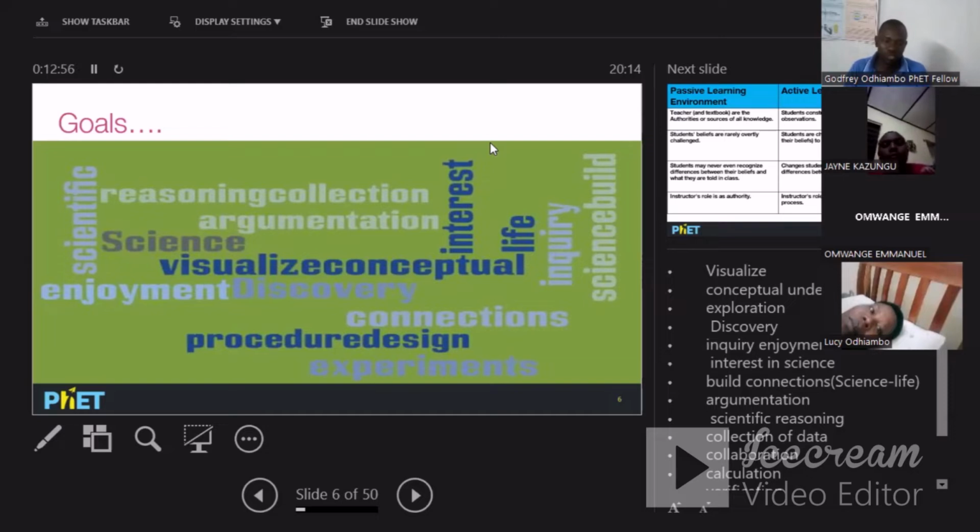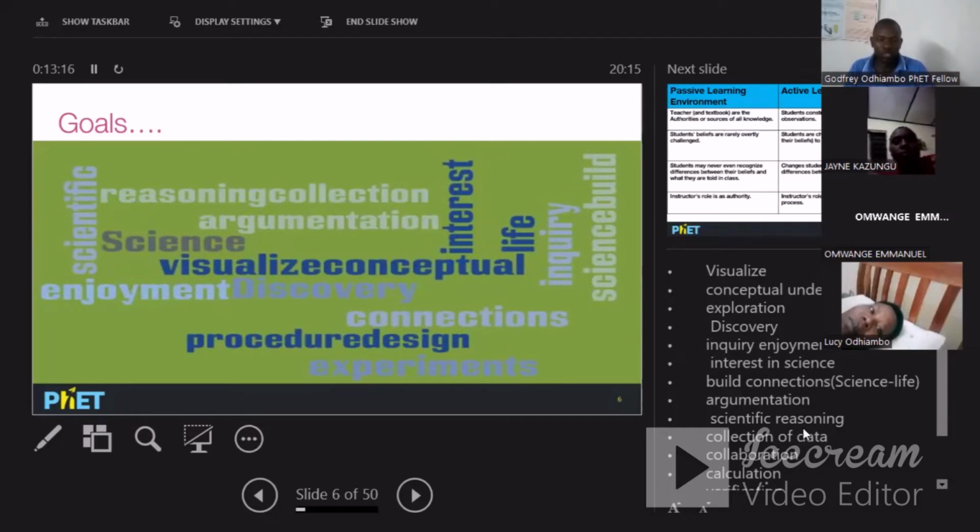The student also will use simulations to build connections with real-life scenarios, and the student will gain so much in experimentation and scientific reasoning when they interact and discuss in class.